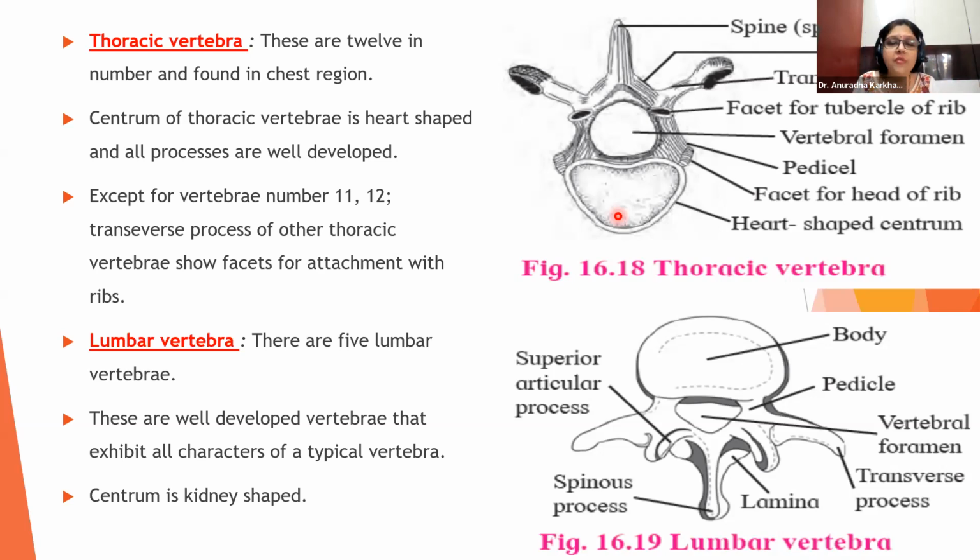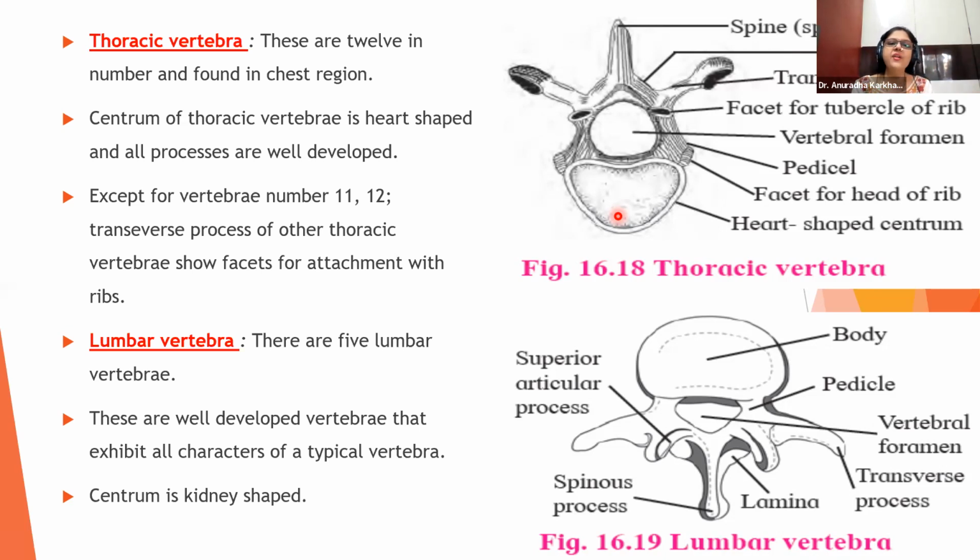No other is going to have bifid processes. So only these are going to be having bifid processes. So you can bring up the next 7 in line to make up your 7 cervical vertebrae. Then you can go for looking at the heart-shaped centrum. Wherever you see heart-shaped centrum, thoracic vertebrae.